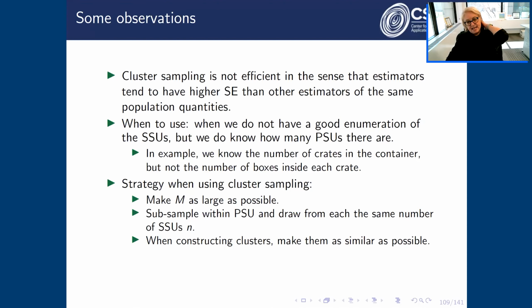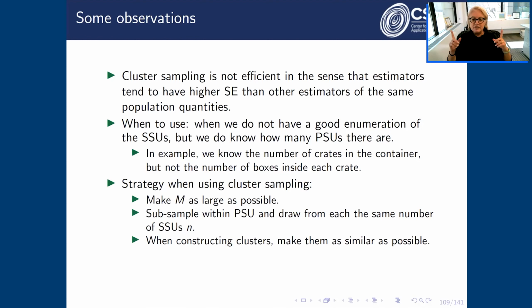So here are a few observations. I said that cluster sampling is not a desired approach. This you do when you really don't have a choice, and in particular, you don't have enough information about the population in order to design a better sample. The reason is that cluster sampling is not very efficient, in the sense that the estimators that you get tend to have higher standard errors.